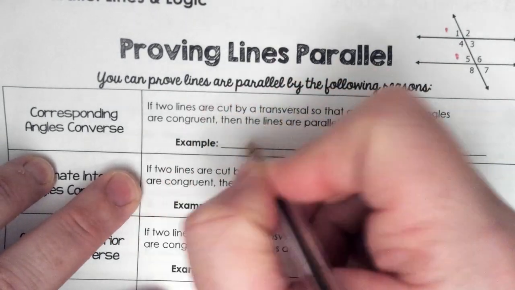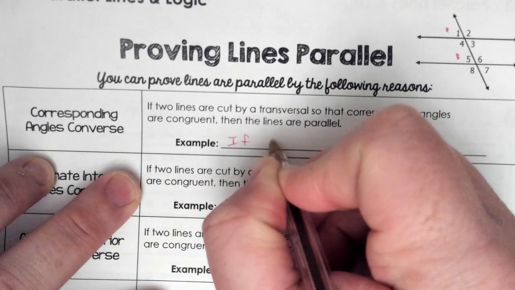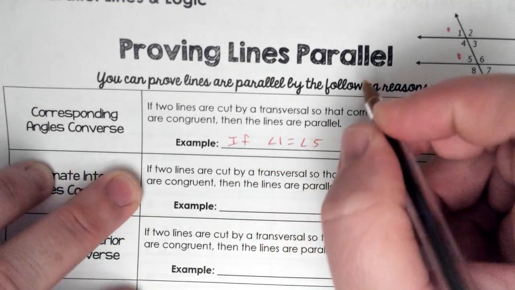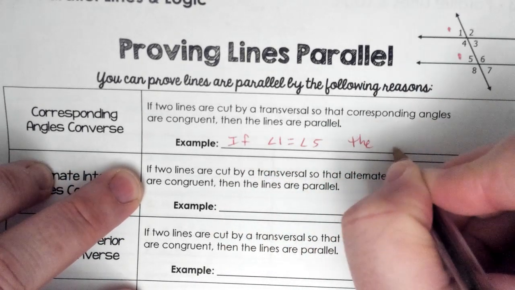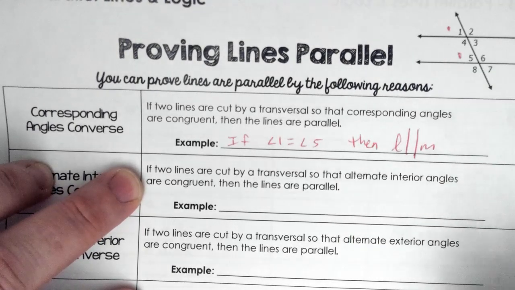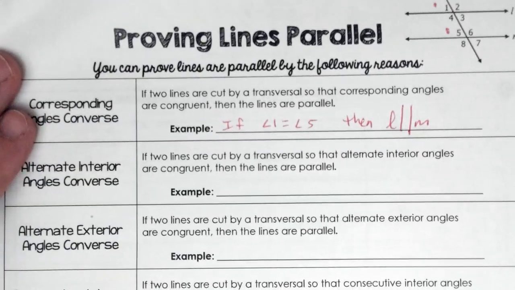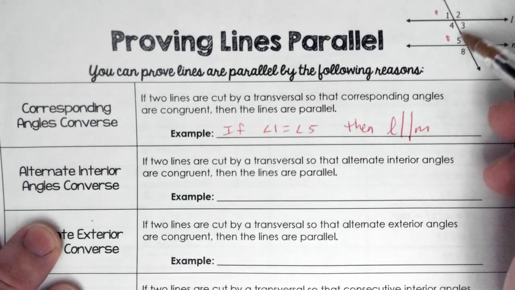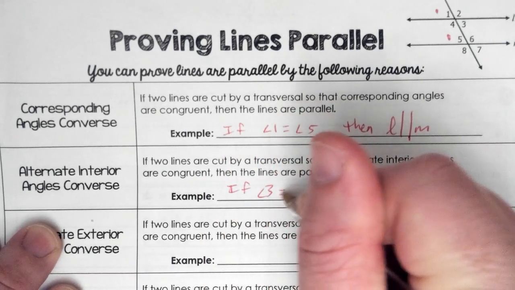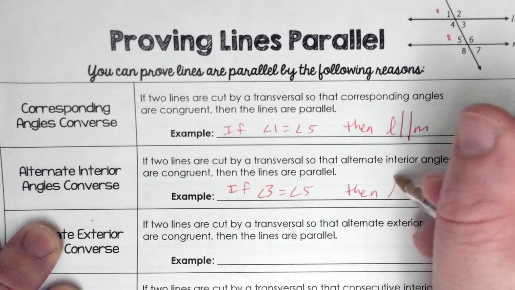If angle 1 is equal to angle 5, then L is parallel to M. That's all that happens right there. So if these are equal, then it works. All right, alternate interior, that would be 3 and 5, right? So if 3 is equal to angle 5, then that means that the lines are parallel.